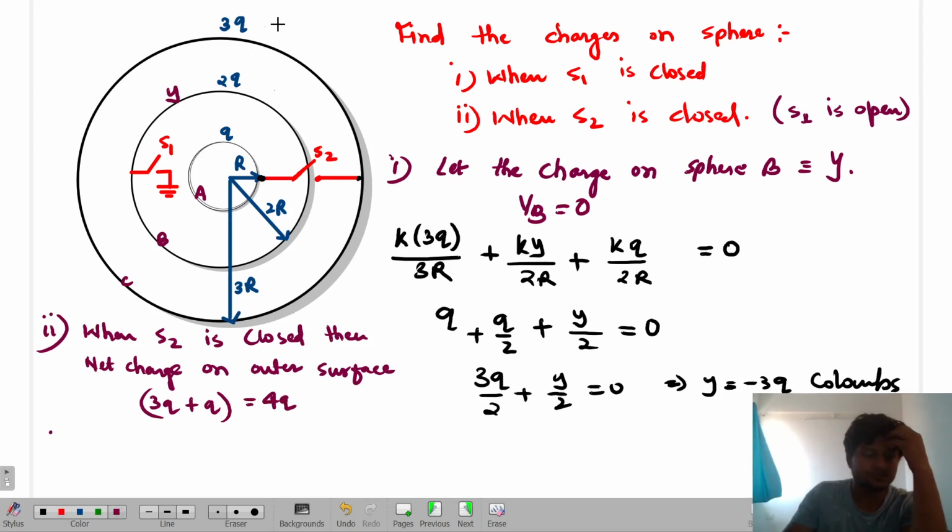Got it? So this one will become how much? 4q. I'll write with the green to understand S2 is closed. So this one will become 4q.